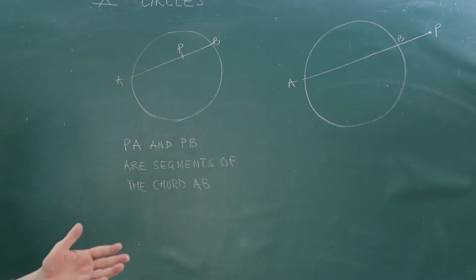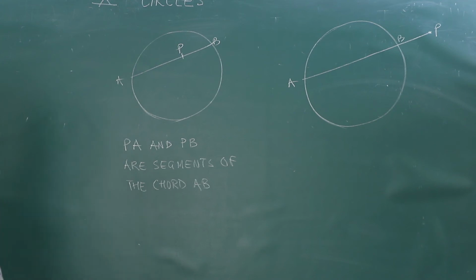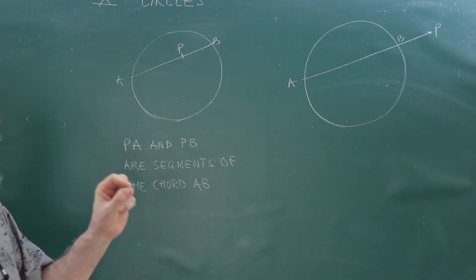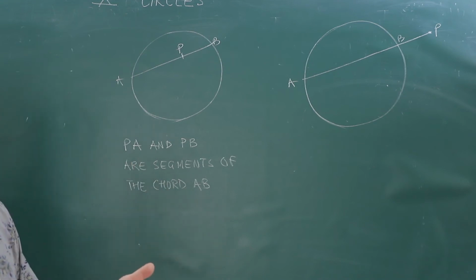But there is another possibility, if you look at the second figure: AB has been extended to a point P, and point P is dividing the chord AB externally.